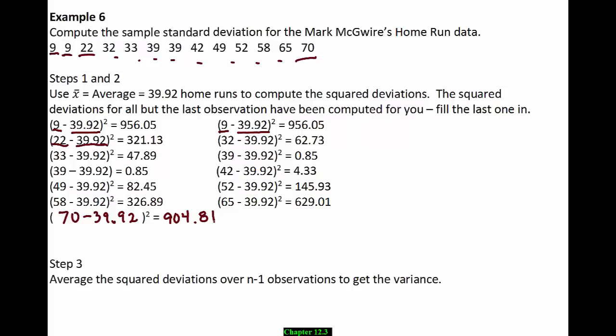Now, we've got our squared deviations, and so now we need to average these squared deviations over n minus 1 observations to get the variance.